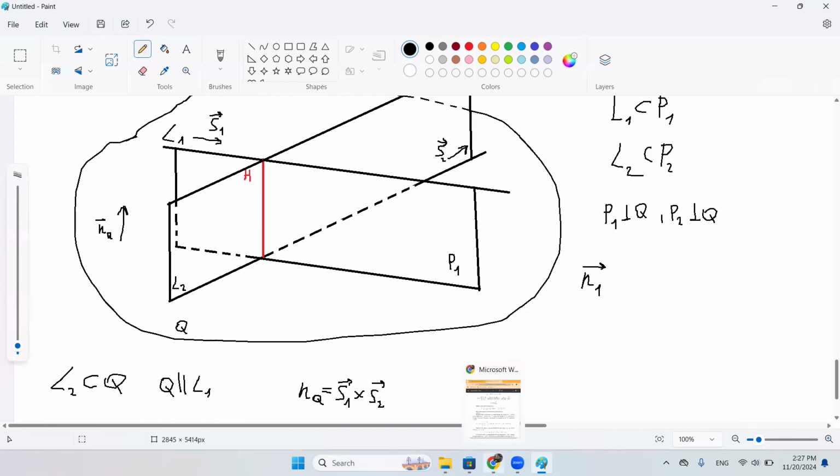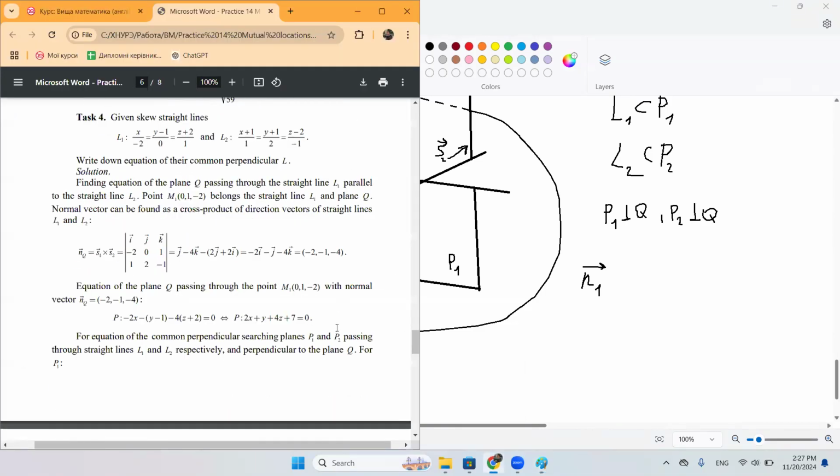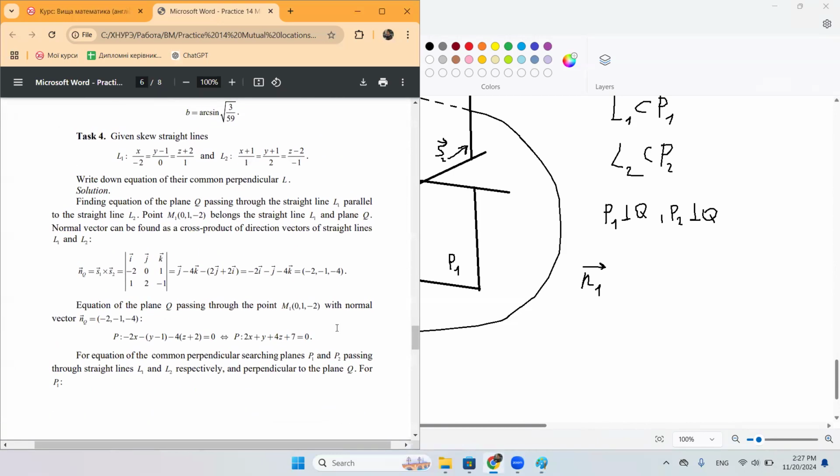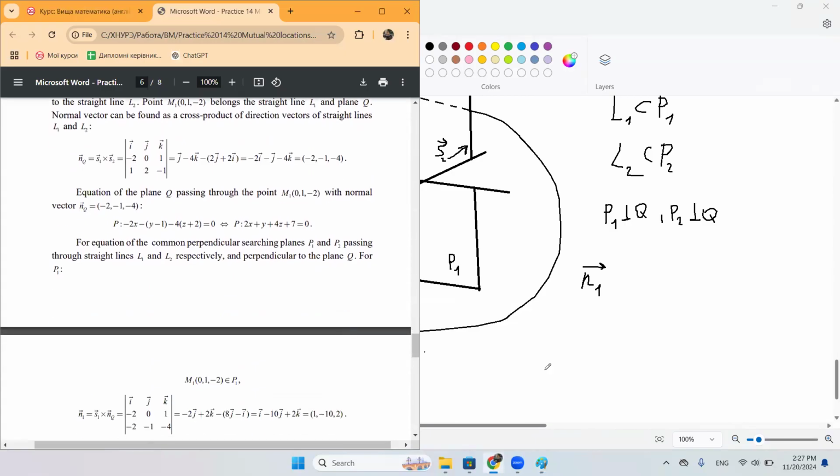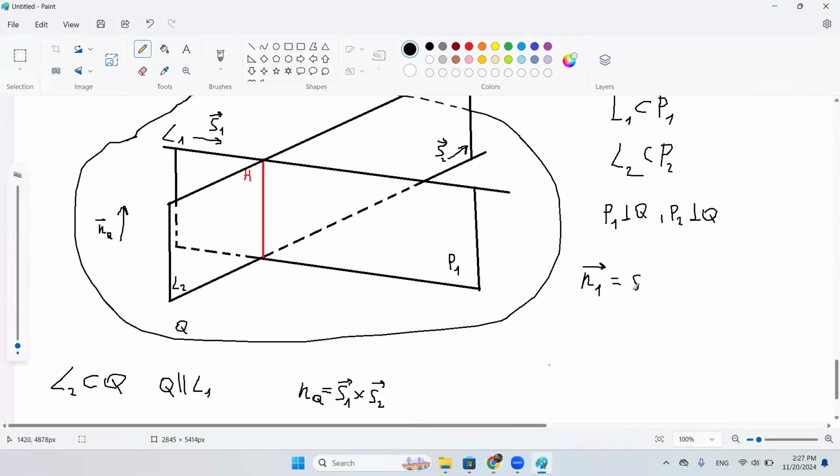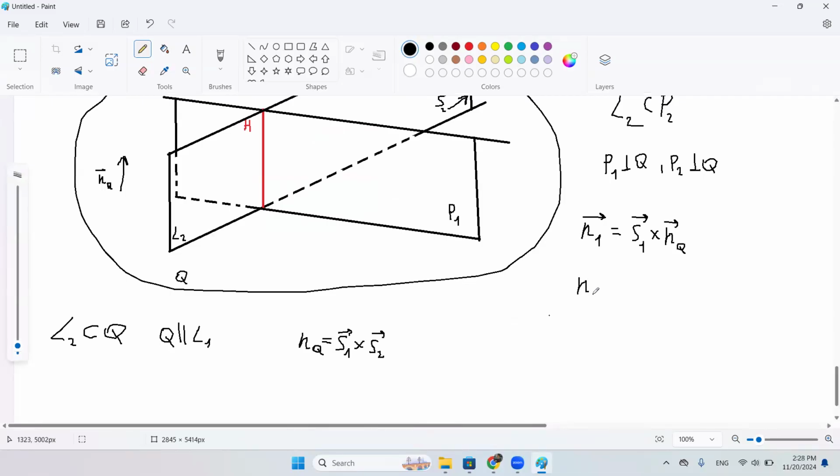So it will be the cross product of the direction vector of L1 and the normal vector for Q. And the normal vector of the plane P2 is the cross product of the direction vector of L2 and the normal vector for the plane Q. But by the way, let's draw these vectors.